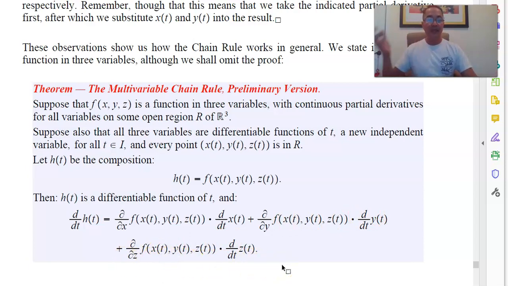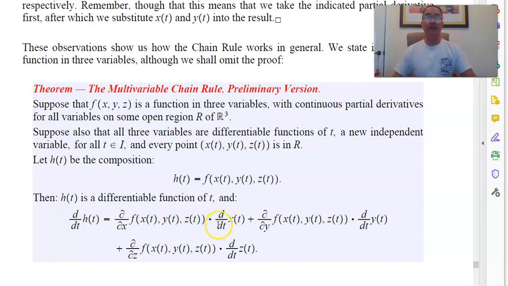Each term basically has 2 factors. One of them is a partial derivative. Take the partial of f with respect to x. Plug in all the substitutions, x of t, y of t, and z of t.